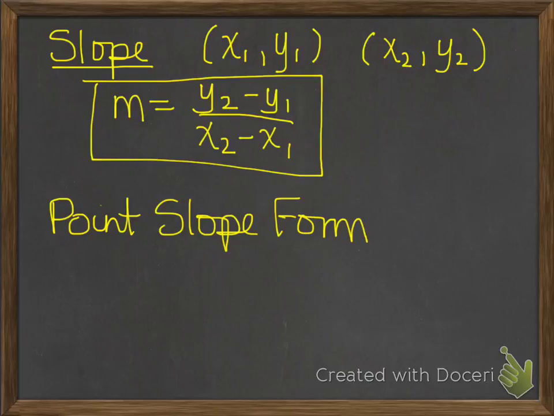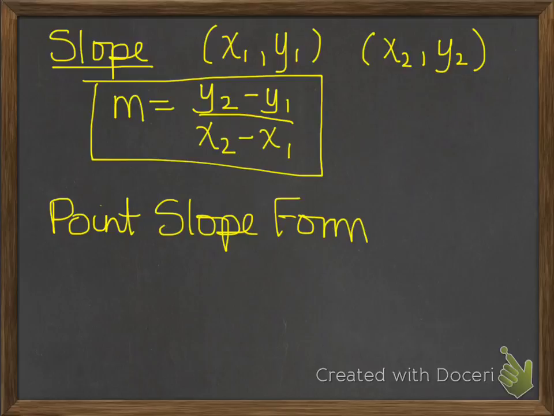We've had standard form, which is nice in its own right. It makes the equation look somewhat simpler without having all those fractions on it. And then we have something called point slope form, and this is useful if you have a point and the slope. You can plug it into this equation.